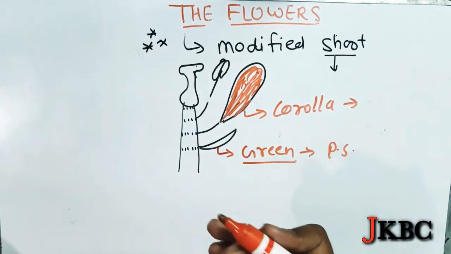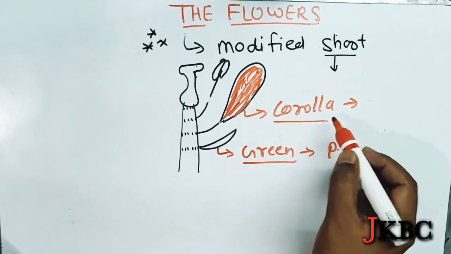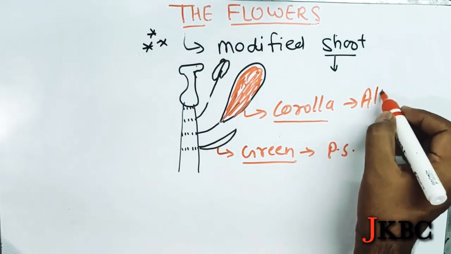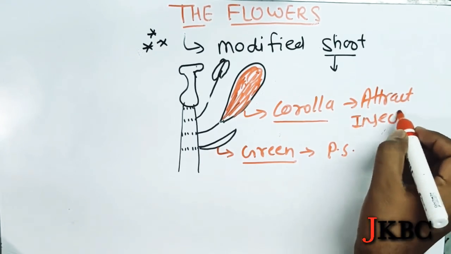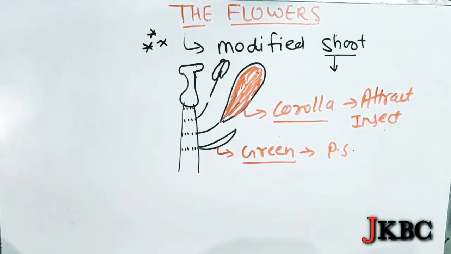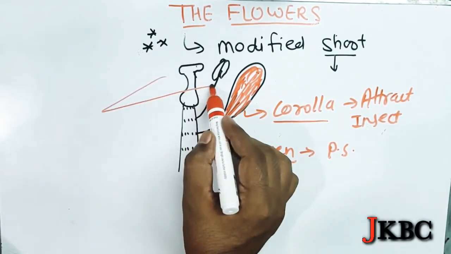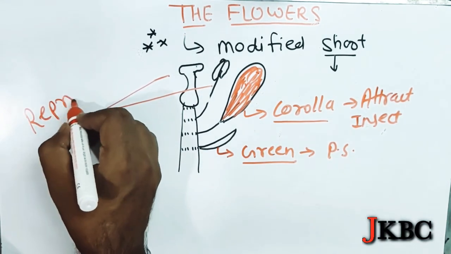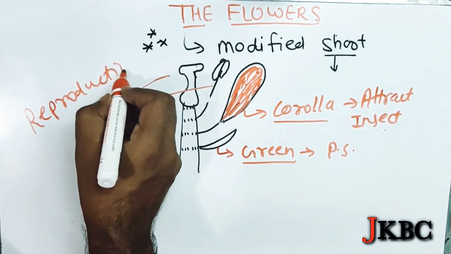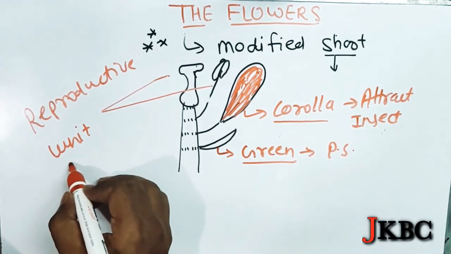The red, pink, black, white, orange, and yellow are different forms of corolla. That attracts insects or bees for pollination. Both units, the androecium and gynoecium, are the reproductive units of angiosperms.